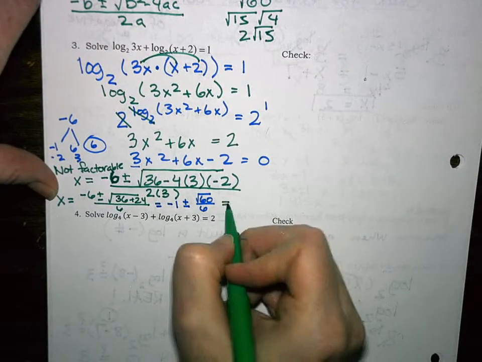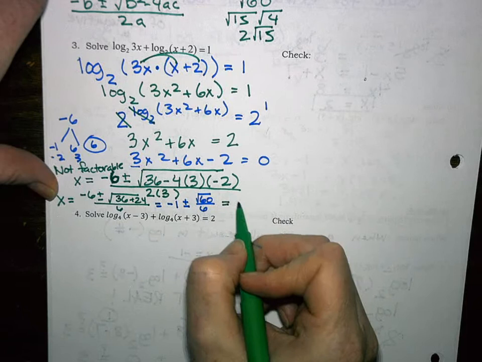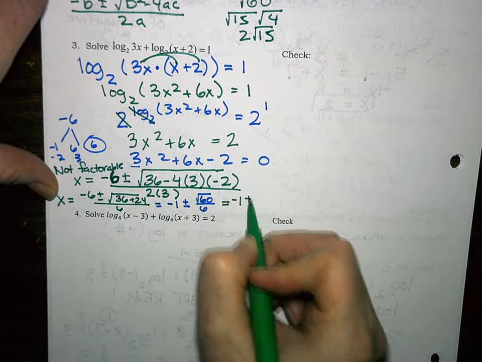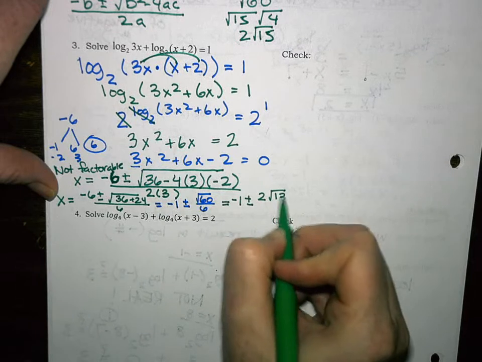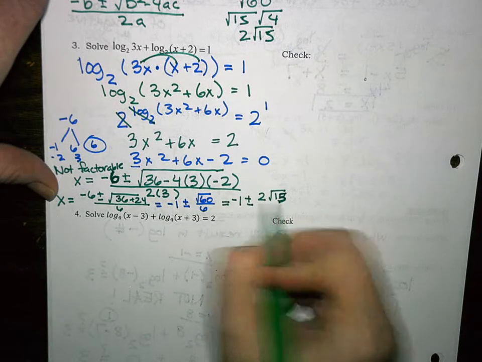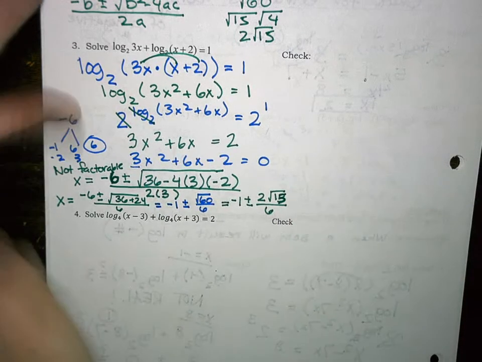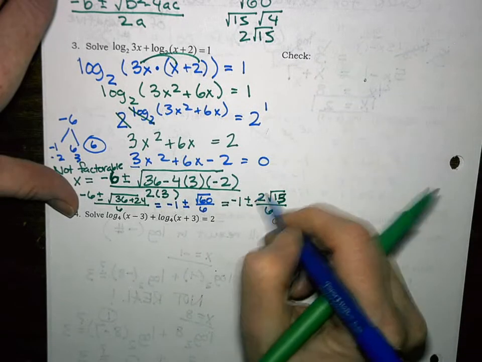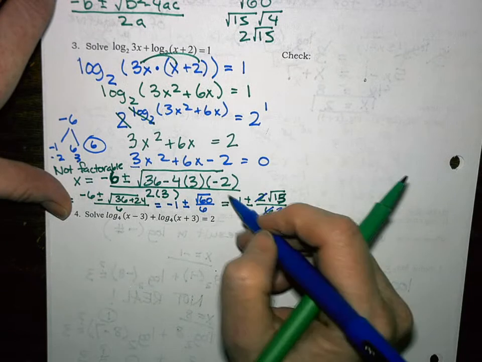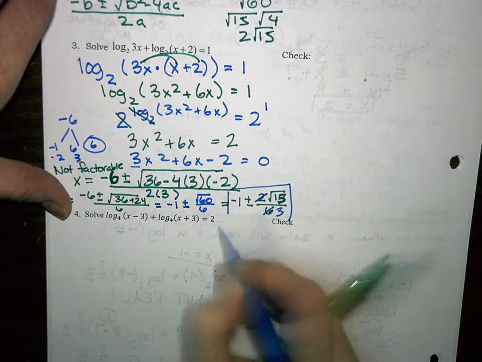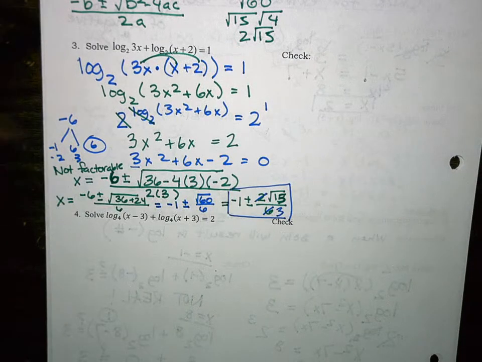So, writing this one more time, x is equal to negative 1 plus or minus 2 radical 15 over 6, and the 2 and 6 cancel. So this is my answer.